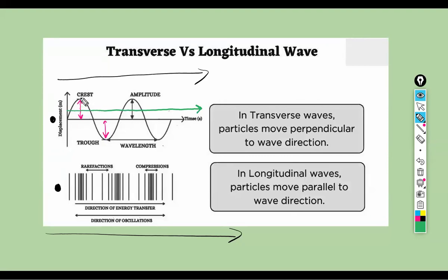Okay? Now, look at it. The movement of the particles, the displacement, right? That's one way, but you can call it the movement of the particles. Notice, look at the pink arrow. The pink arrow is moving up and down, but the green arrow represents what? The energy. You notice the angle between the pink arrow and the green arrow?